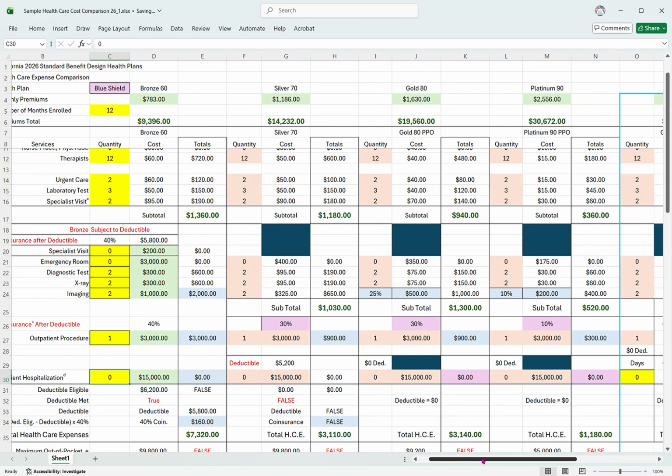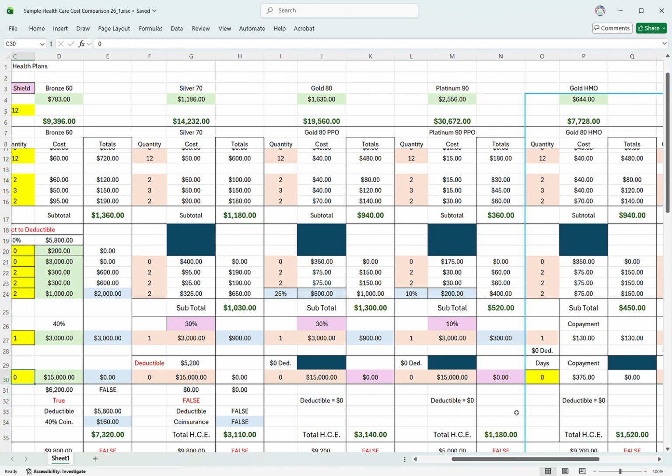The gold generally has 30% for outpatient procedures, but on the gold plans, some of the coinsurance can vary depending on the specific type of service. So you'll want to get into the evidence of coverage and see if it is less than 30%, maybe 25 or 20%.